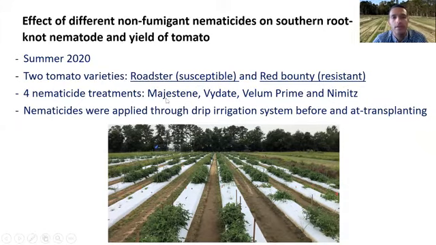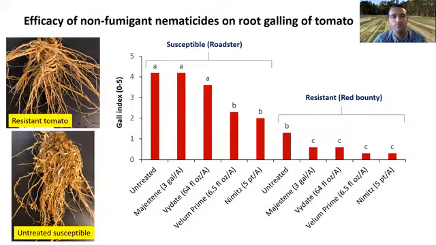Our nematicide products were Majestene, which is a bionematicide, Vydate, Velum Prime, and Nimitz. We applied Nimitz 1 week before planting, while the other products were applied at planting. All the products were applied through the drip irrigation system.